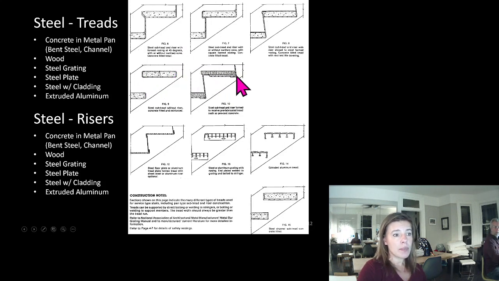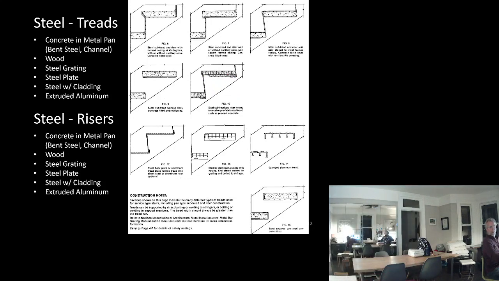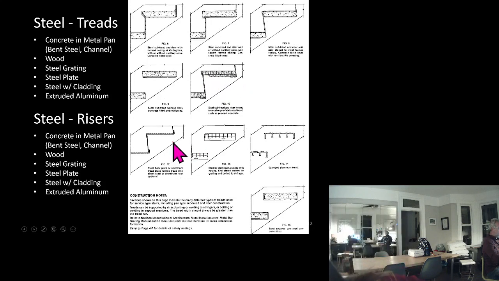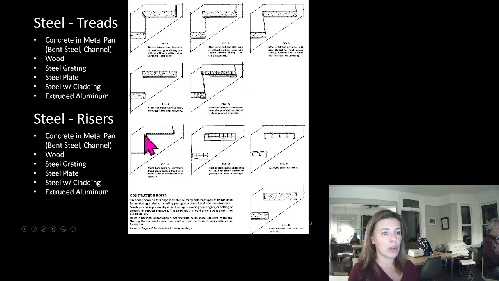This one looks like it's a metal pan with, so that one they have a prefabricated piece of steel or prefabricated piece of concrete fastened to the steel pan. This one is steel plate or aluminum. Sometimes they have drainage holes in them, sometimes they don't. And these are different styles of grating as our stair.